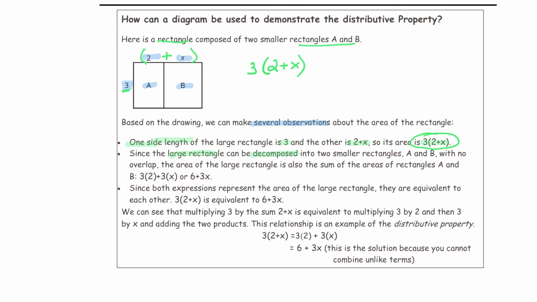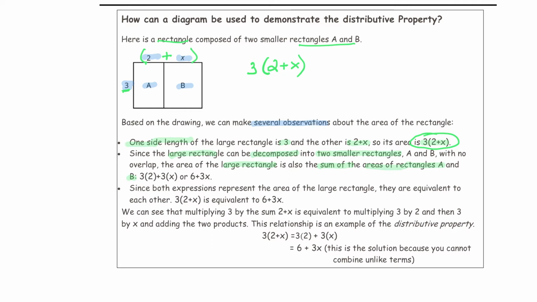So since the large rectangle can be decomposed into 2 smaller rectangles, A and B, with no overlap, the area of the large rectangle, the whole entire thing, is also the sum of the areas of rectangles A and B. So what it's saying is that they are equivalent.